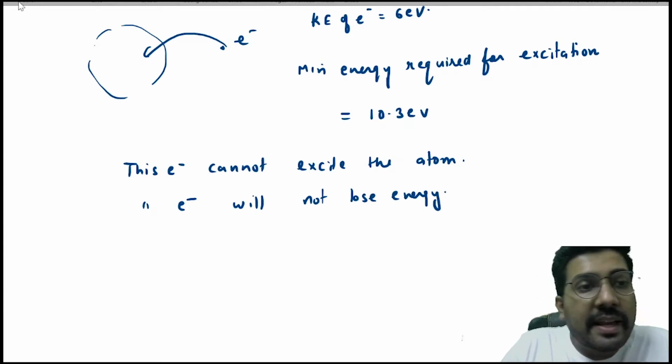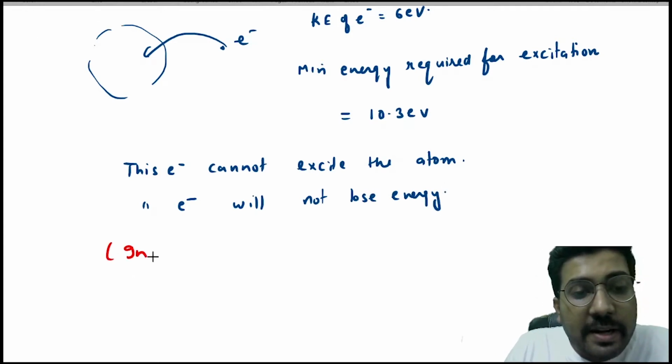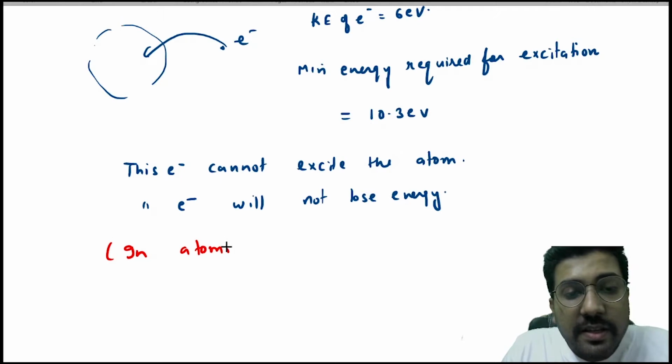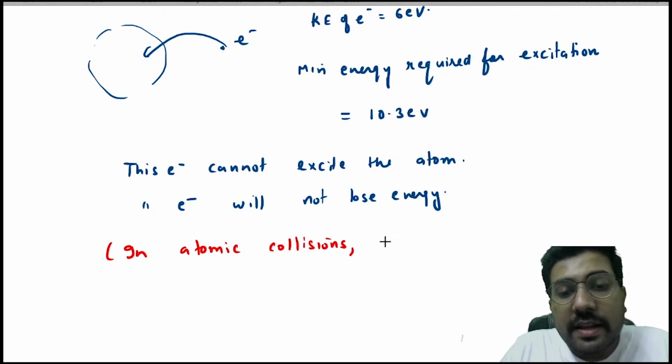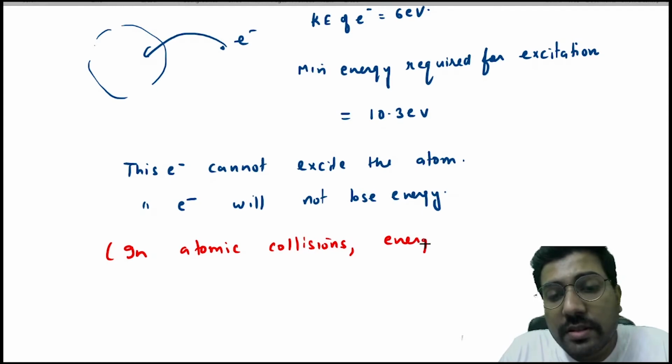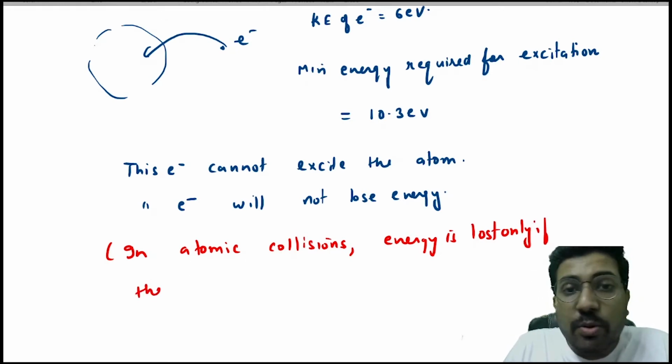I'll write it again here. Listen carefully. In atomic collisions, energy is lost only if there is a transition. If there is no transition, you will not say that energy is lost.